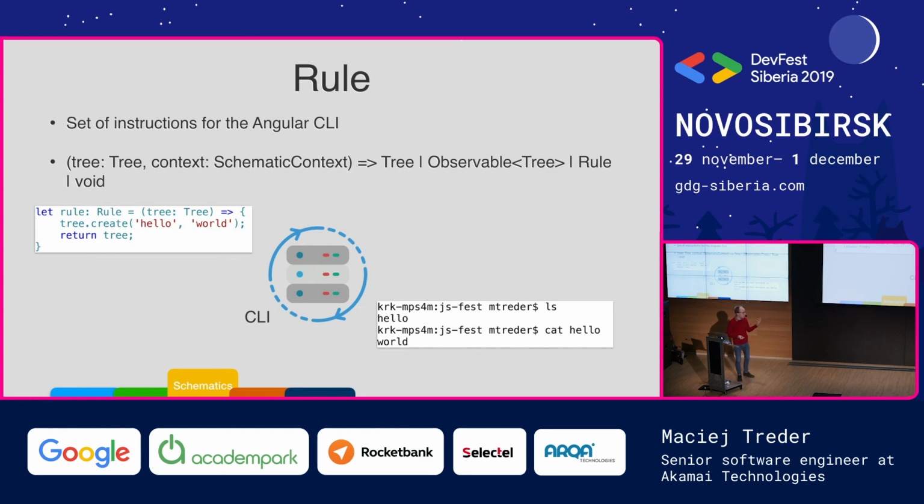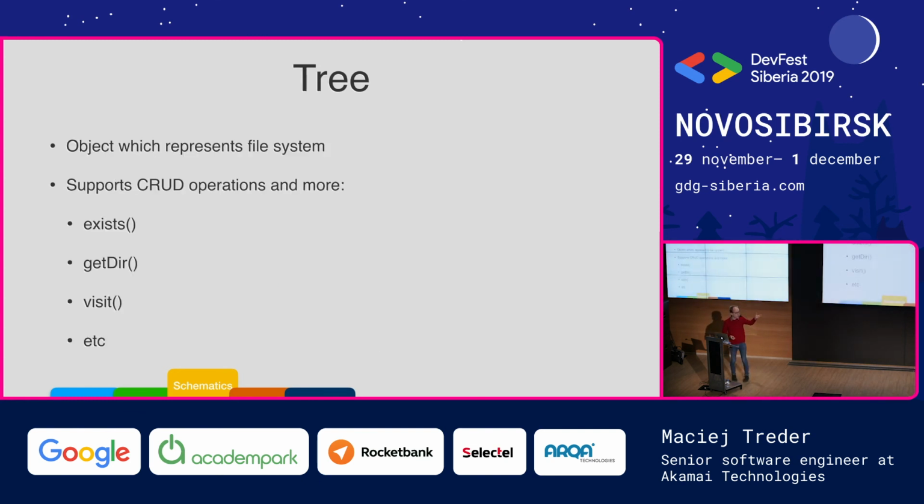So onto the tree I can call some functions to create files, then the CLI is consuming that. So if I call tree.create hello and then world, I will create the file called hello with the content world inside. What more you can do with the tree object is, for example, listing the directories. You can visit each directory and perform some action in it, and so on.